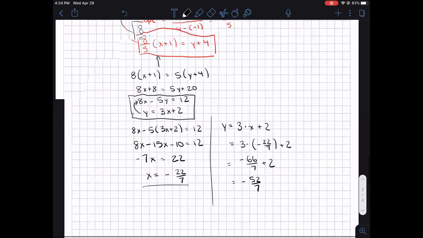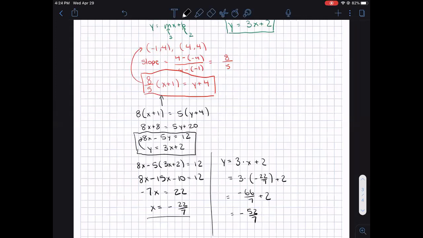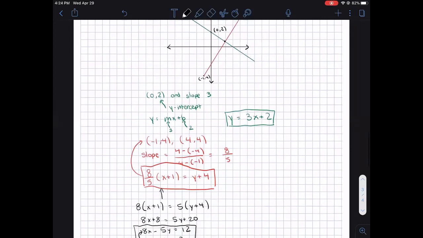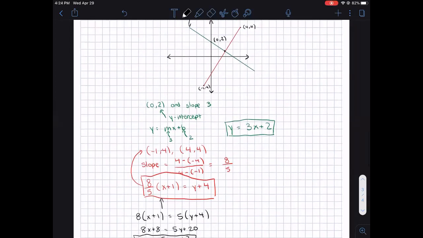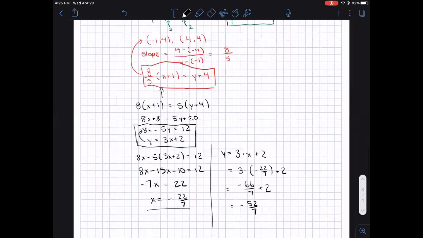Wait, I made a mistake somewhere. Wait, this is bad. I made a mistake somewhere. I think let's try solving the equation again. Wait, Eric said 2 plus or minus square root 3.